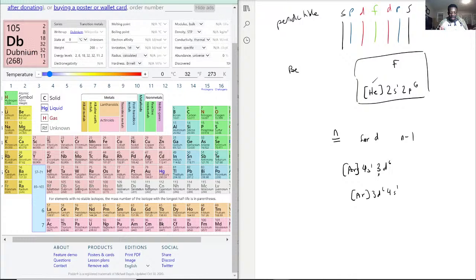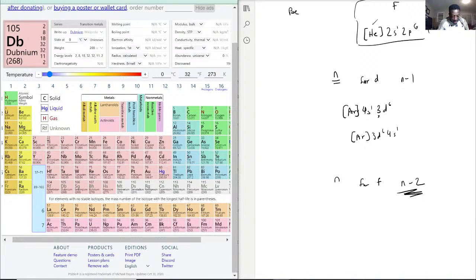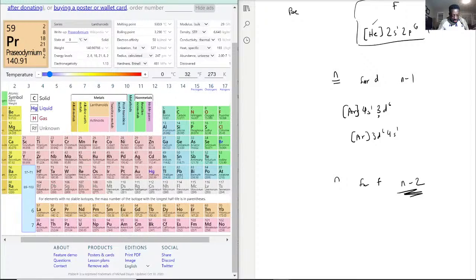And now for the last one, the F shells. Exactly the same concept for F. It's going to be N minus 2. And that's all the lanthanum and actinium elements. So let's pick something, I'm not familiar with any of this, but let's pick uranium.